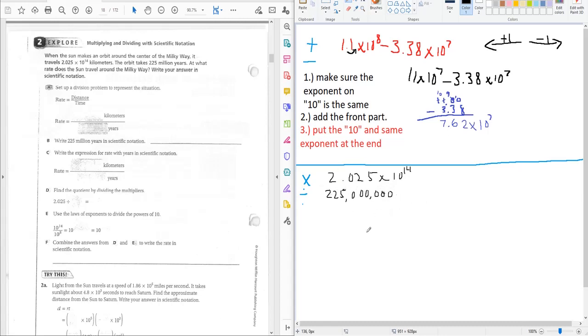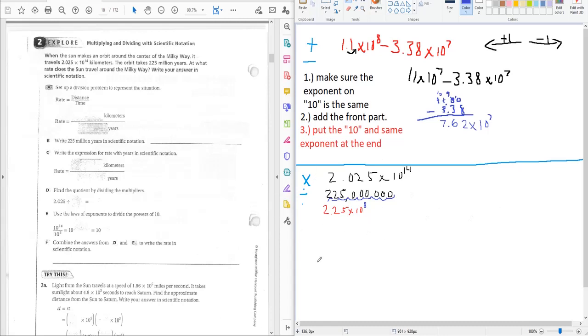First off, I'm going to turn this into scientific notation because we're learning scientific notation. So I'm going to put the decimal after the first non-zero. So 2.25 times 10 to the, what is that? Decimal is originally here. 1, 2, 3, 4, 5, 6, 7, 8. So I moved 8 to the left, which means 10 to the 8. Okay, so those are my two numbers now.